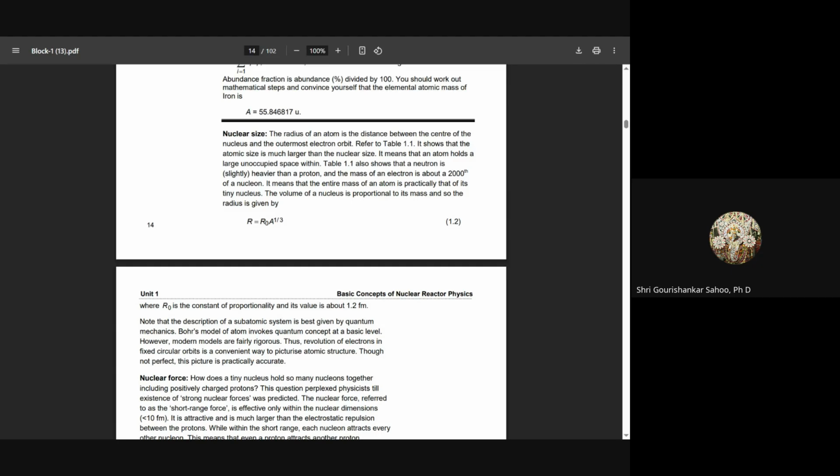So the description of a subatomic system is best given by quantum mechanics. Bohr's model of the atom invokes quantum concepts at a basic level, but the modern models are fairly rigorous. The revolution of an electron in a fixed circular orbit is a convenient way to picturize atomic structure for a layman, though not perfect. This picture is practically accurate, not perfect, but accurate.